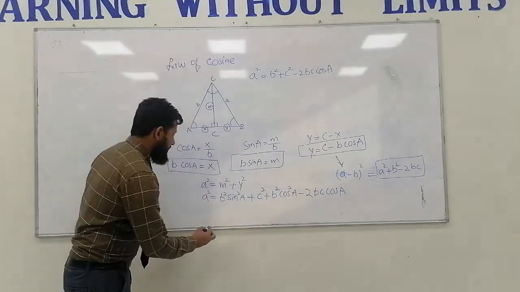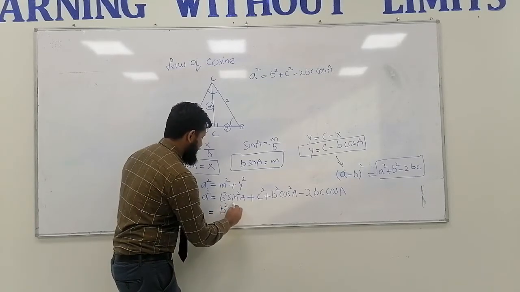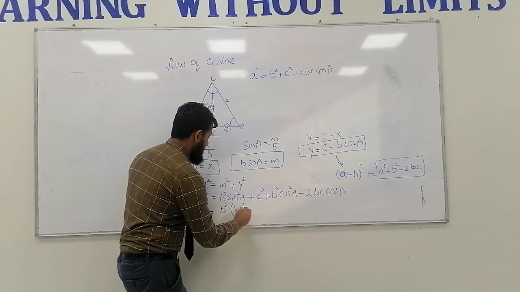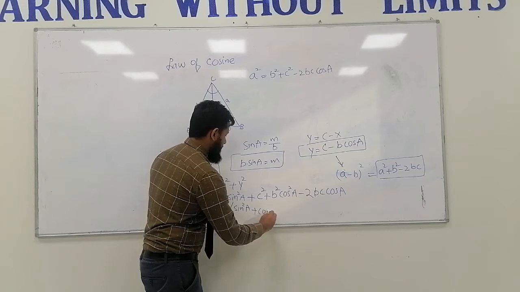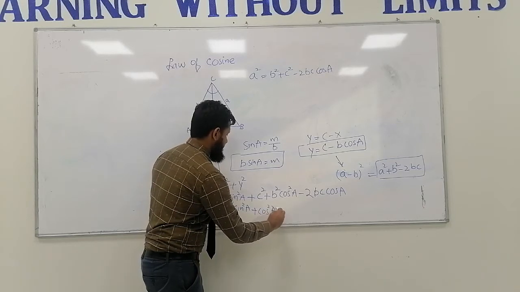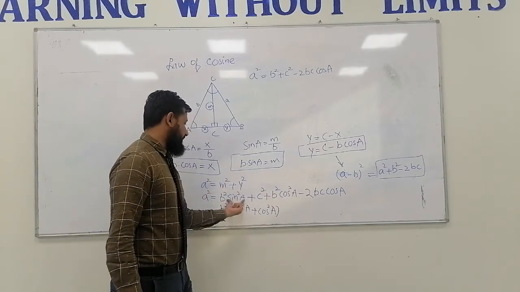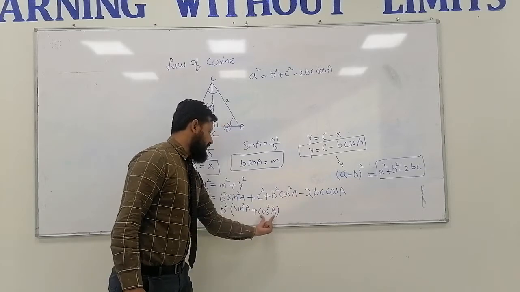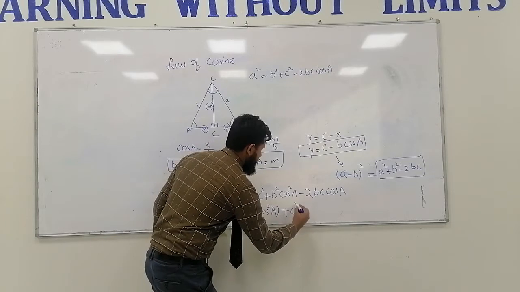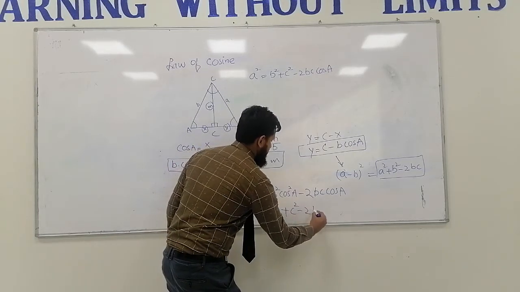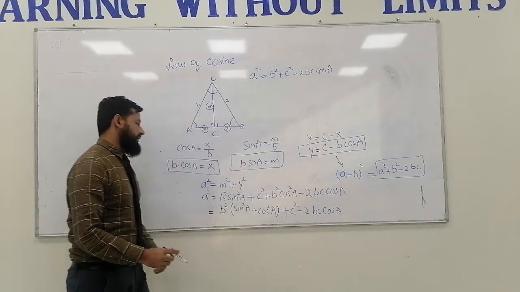I can take b squared common, and we have sine square A plus cos square A. Now I'm left with plus c squared minus 2bc cos A. Some of you might have already noticed where it is leading.